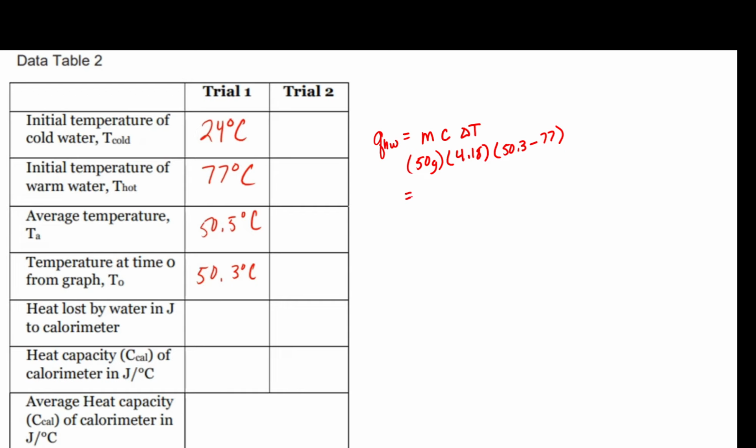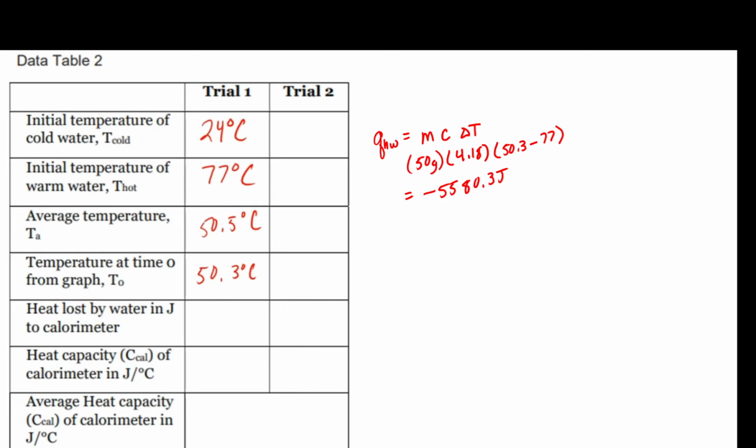And so the energy lost by my hot water, I would just punch that in my calculator, 50 times 4.18 times 50.3 minus 77. Make sure to put that in parentheses so that the calculator gets the order of operations right. So the hot water in my case lost, indicated by the negative sign, 5,580.3 joules of energy.